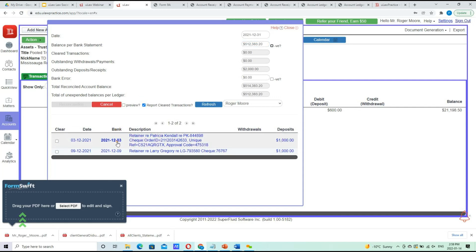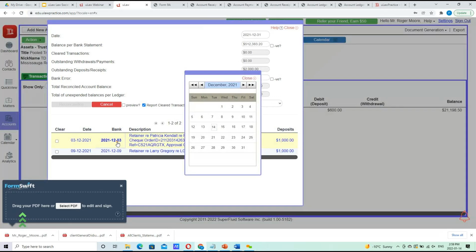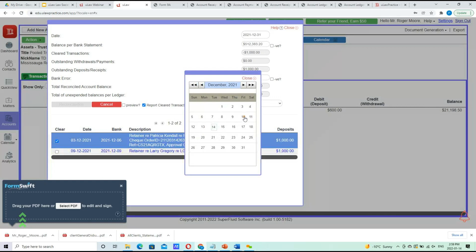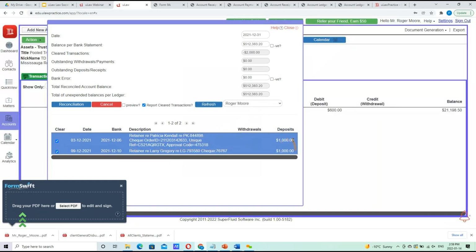This is where you have 2 screens, or you have a printout in your hand, and tell us if exactly this retainer that was deposited reflected in the bank on the 3rd, or maybe it was on the 6th. So maybe you recorded on the 3rd, but it also actually got deposited only on the 6th. Likewise, you say it's the 9th, but maybe Larry's retainer did not get deposited till the 10th. But now these $2,000 deposits have been accounted for.